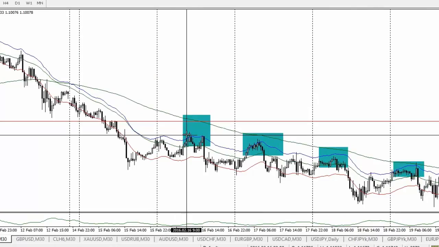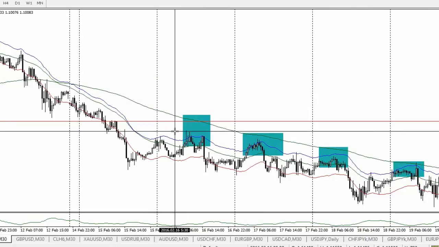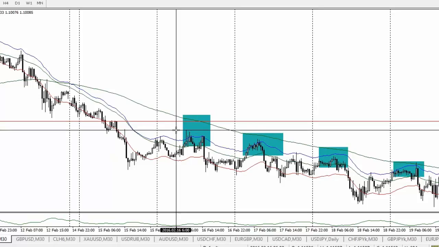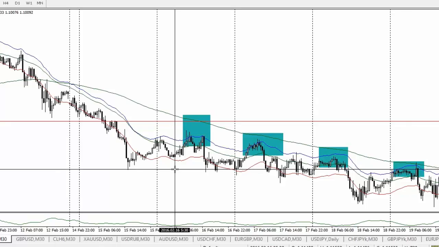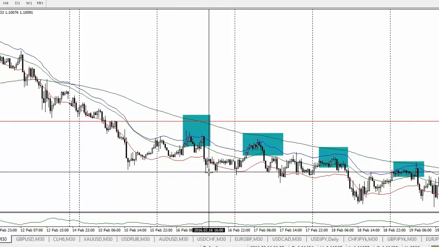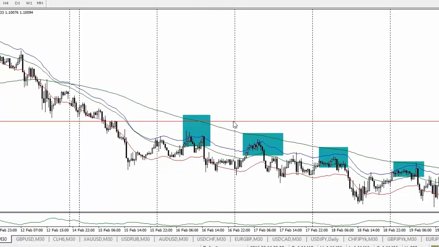So let's calculate. The high of the day was 1.1191 and the low of the day should be at some point of 1.1002 or 1.1005 or so. This time the volatility of this day was less than average, right?